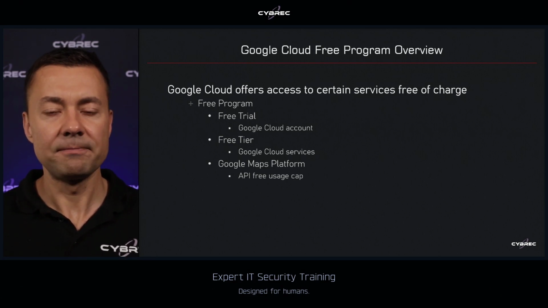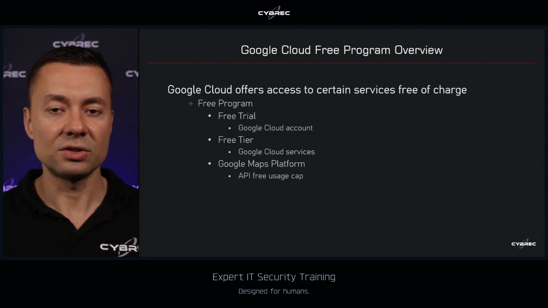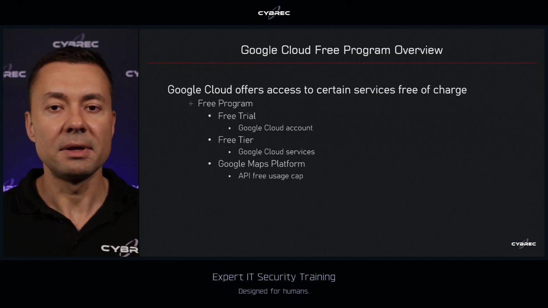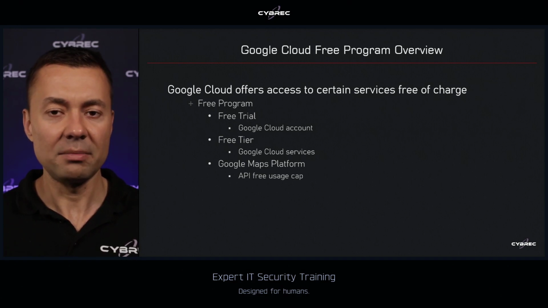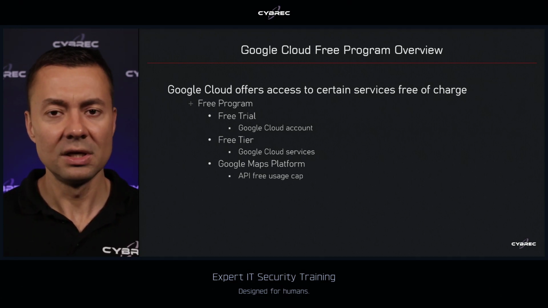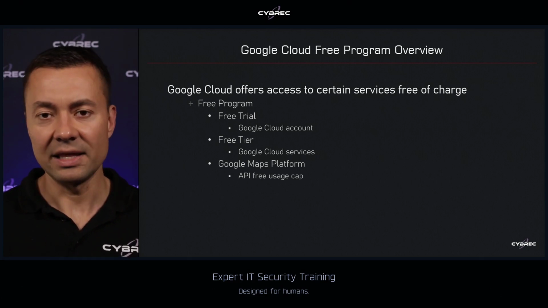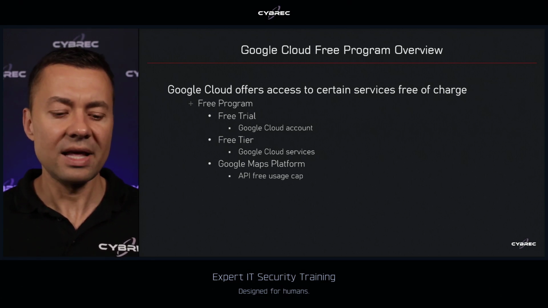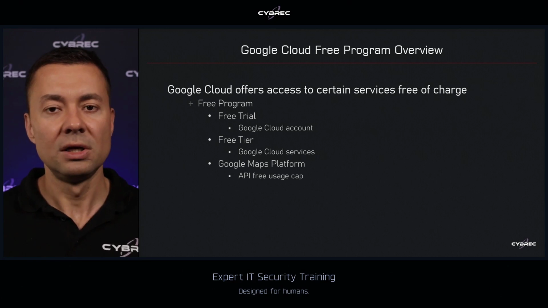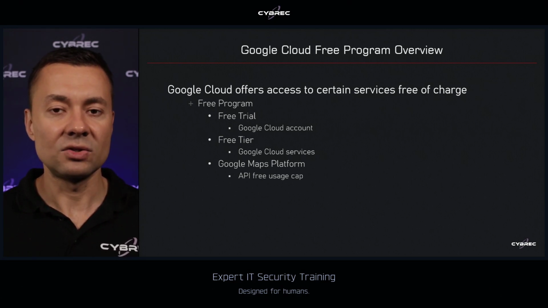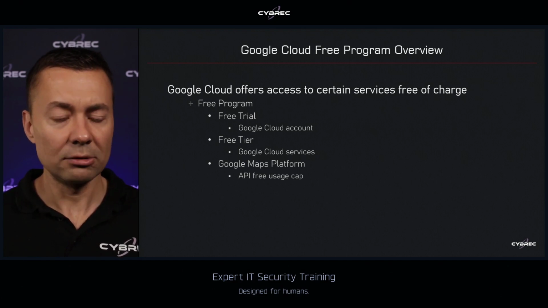And I want to quickly tell you the differences between these, especially the first two, free trial and free tier, because this is where some people still have problems distinguishing between these two. They mix them up and think it's the same thing, which in reality it is not. At a very high level, free trial is all about getting access to a free account on Google Cloud so you could test certain functionality of the cloud.